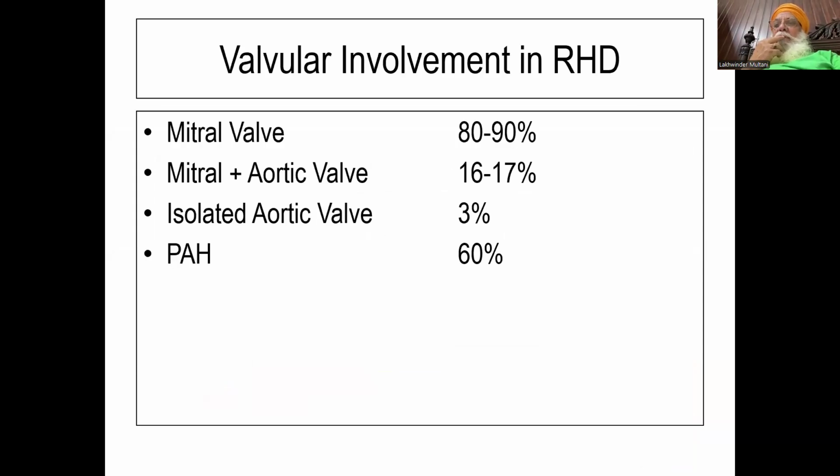If you look at the slides, almost 90% of the lesions are single-handedly mitral valve lesions. Almost 20% are when they are associated with the aortic valve. Isolated aortic involvement is very rare.